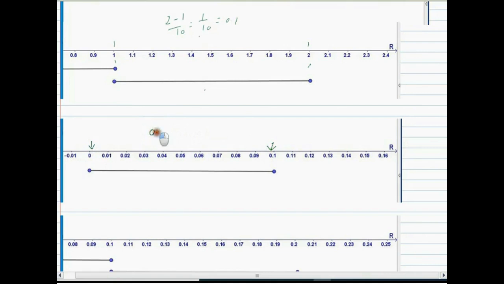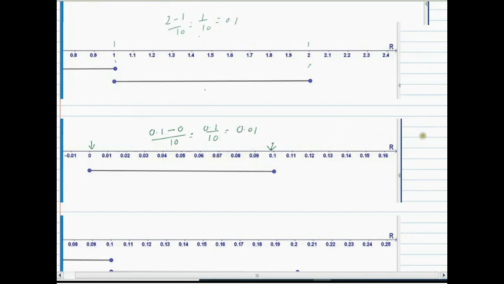So the length is (0.1 minus 0) upon 10. 0.1 upon 10 is 0.01, this length. 0 plus 0.01 is 0.01, 0.01 plus 0.01 is 0.02, 0.02 plus this length 0.01 is 0.03, and so on. So 0 to 0.1, this interval can also be divided into 10 equal parts. Right?